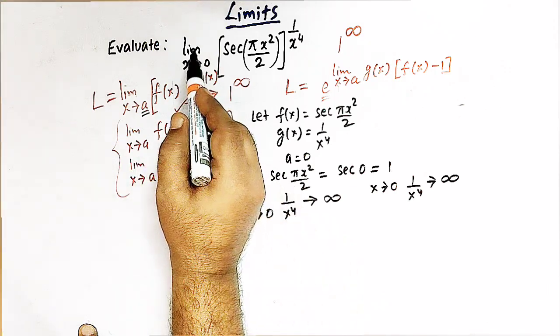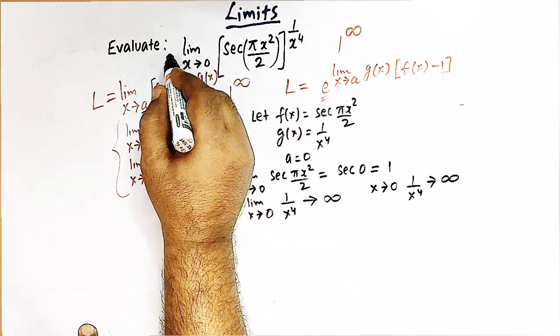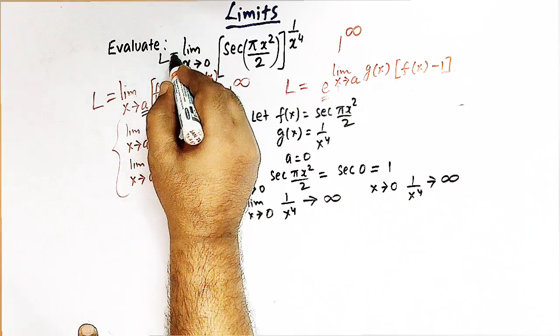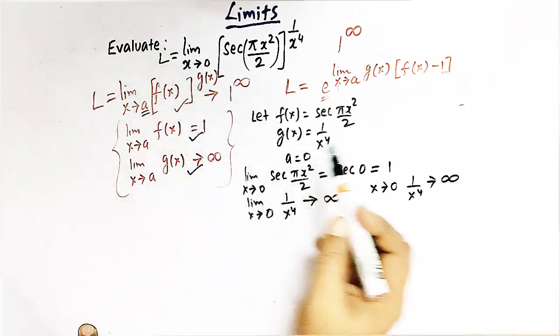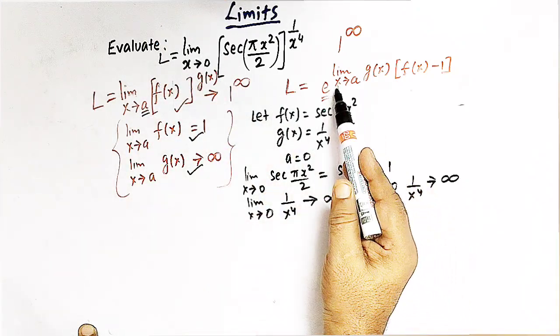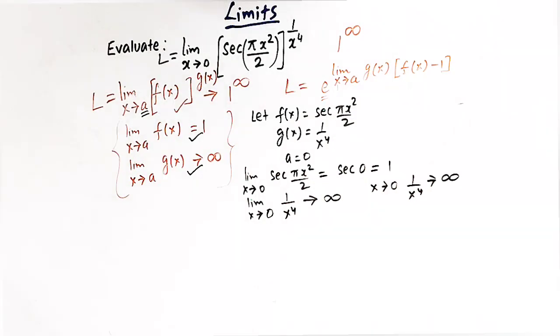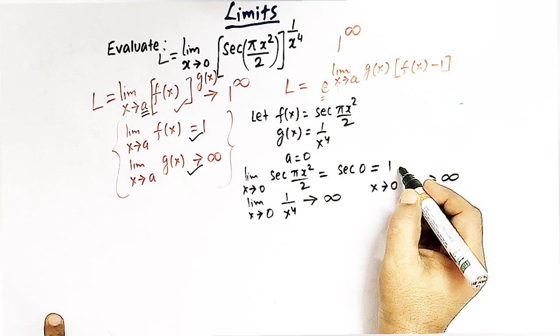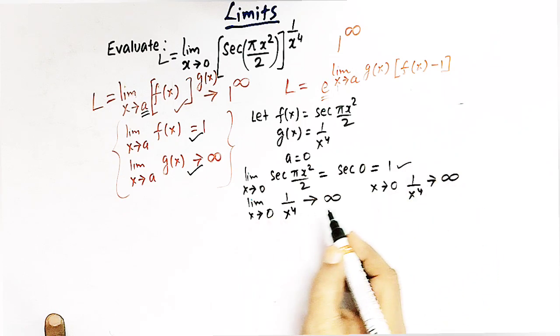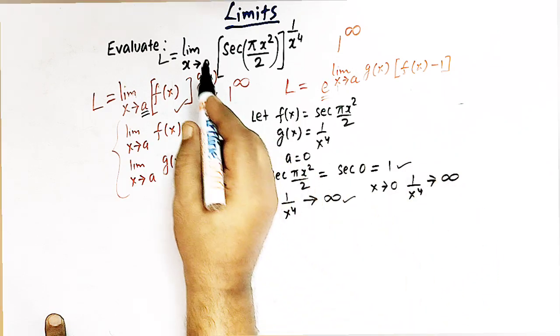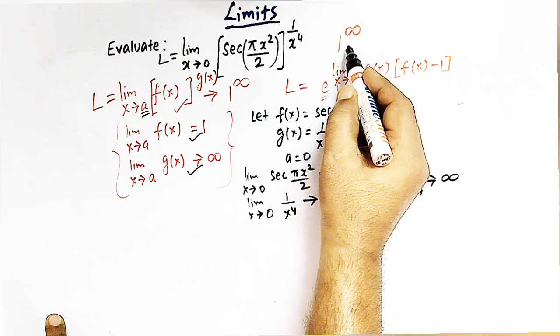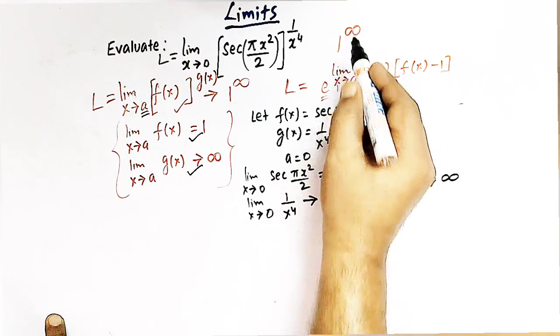Now to get the value of this limit, let us take the value of this limit as L. So L can be obtained by this expression. We have seen that this limit is 1 and this limit tends to infinity, so the given limit is of the form 1 raised to infinity.